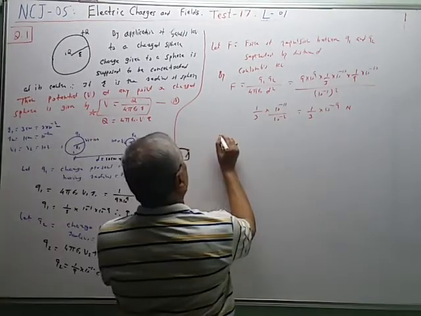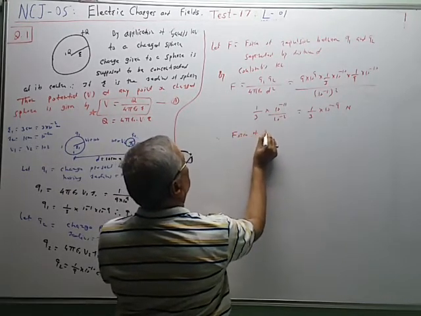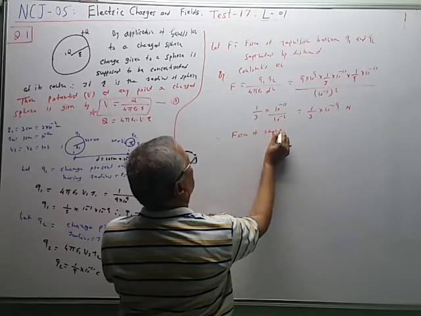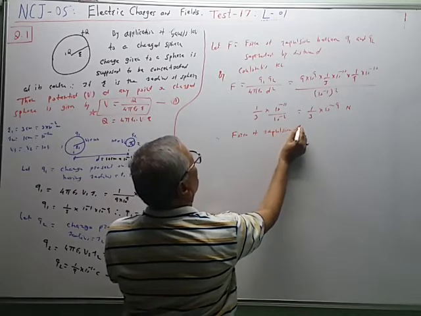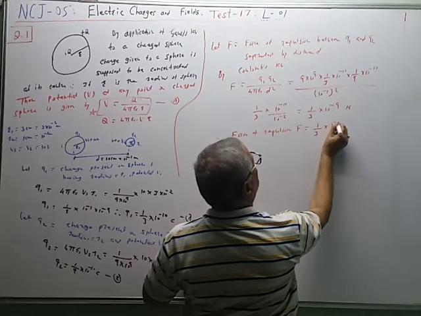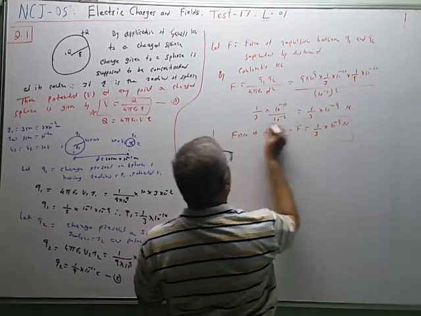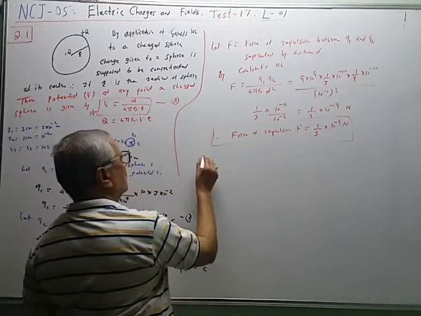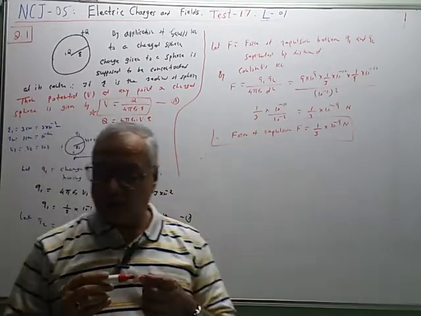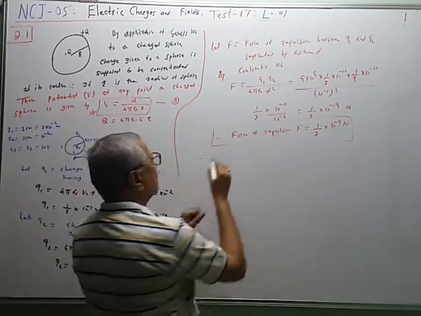So force of repulsion F is equal to 1 by 3 into 10 to minus 9 Newton. And therefore, the correct choice is A. Therefore, A is correct.